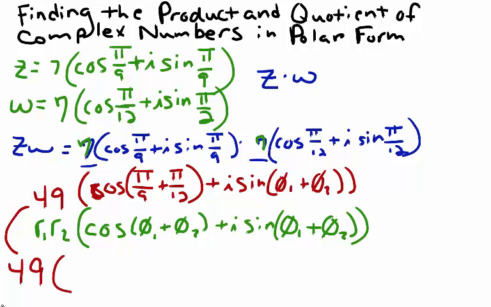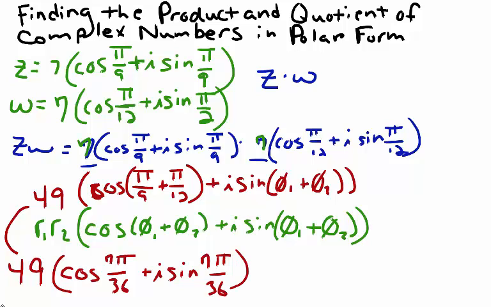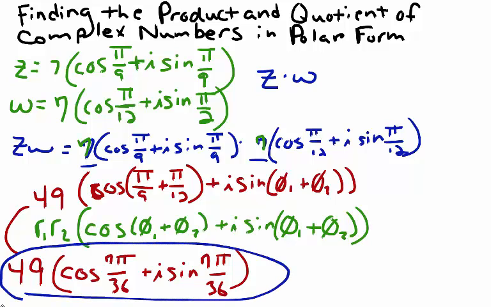We'll add the fractions of pi over 9 and pi over 12 and simplify, and this will result in cosine of 7 pi over 36 plus i sine 7 pi over 36. So this result is the product of z and w.